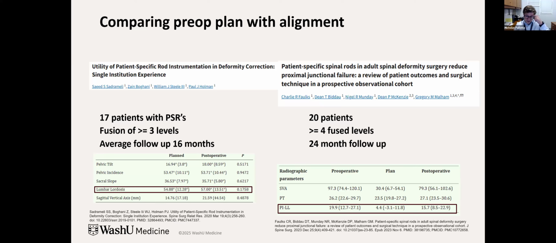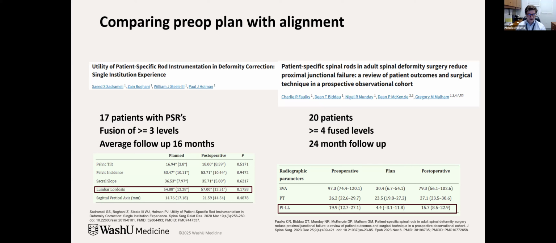This study actually noted they've had several failures, PJK and pseudoarthroses with rod fractures that affected the alignment. So I think they're looking at two different things.